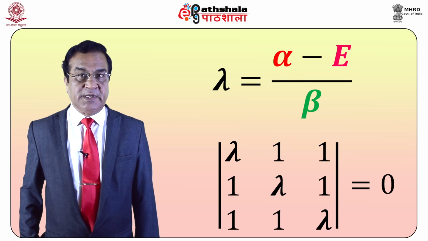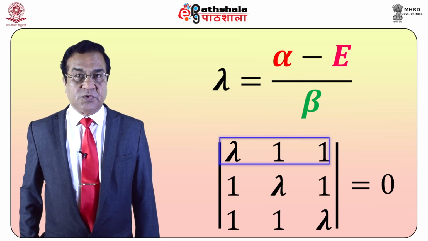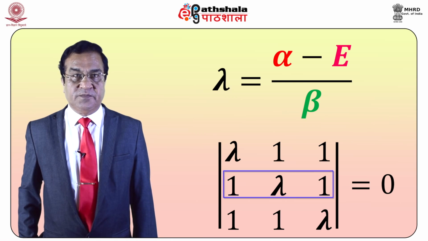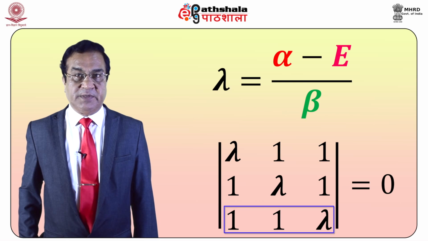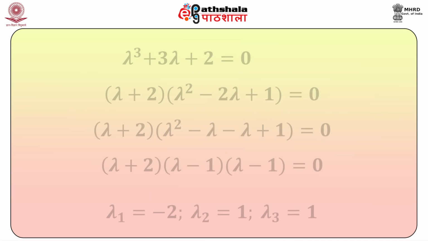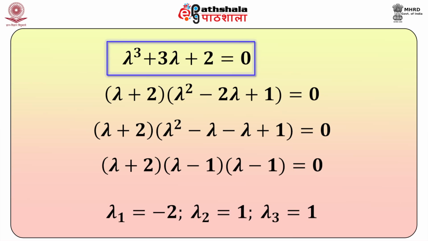The first row is lambda 1 1, the second is 1 lambda 1, and the third is 1 1 lambda, and this has to be equal to 0. Now in order to solve this determinant, let's expand it. It comes in the form of a polynomial equation of order 3, and that equation is lambda cube minus 3 lambda plus 2, which is equal to 0.